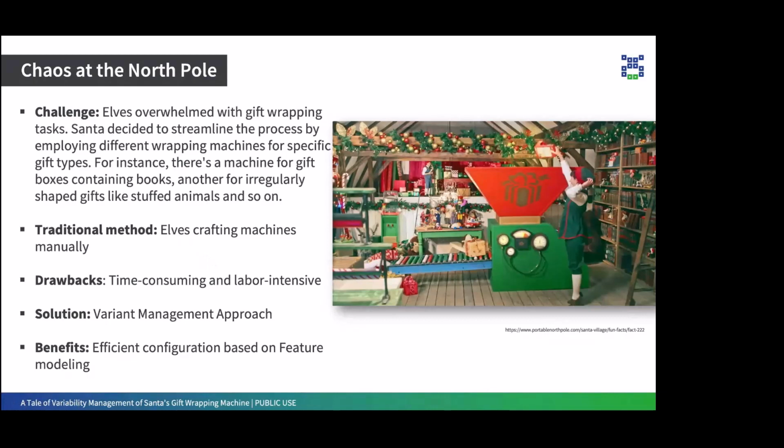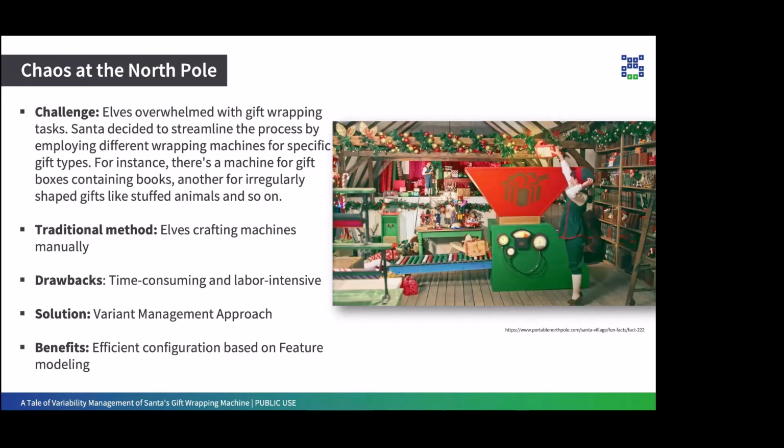They realized that configuring different machines in the right way and understanding which requirements each machine needs to fulfill would significantly improve the process. This way, they can have different tailor-made solutions for a specific type of gifts.